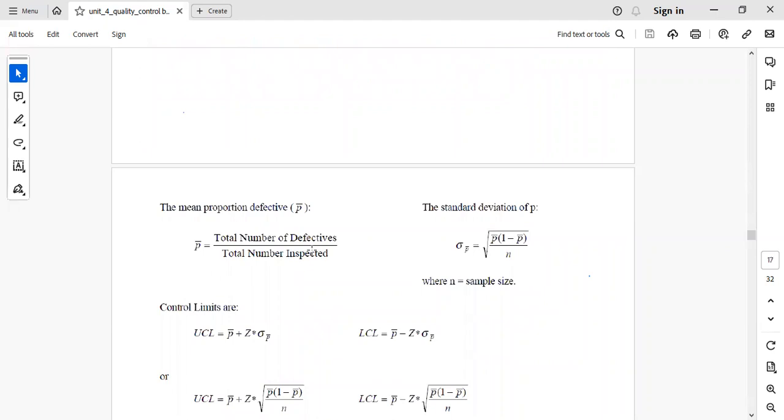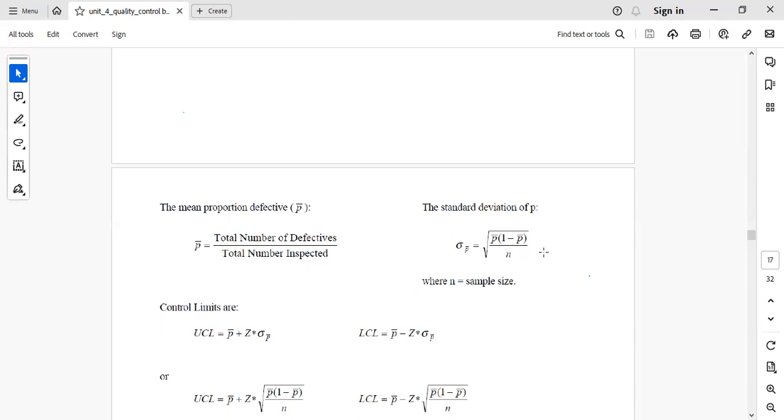So how do you get the mean proportion defective? We are saying total number of defectives out of total number of items which are inspected. And I'm not quite sure whether this formula is new to you, but in tests of hypothesis, we have tests for proportions.